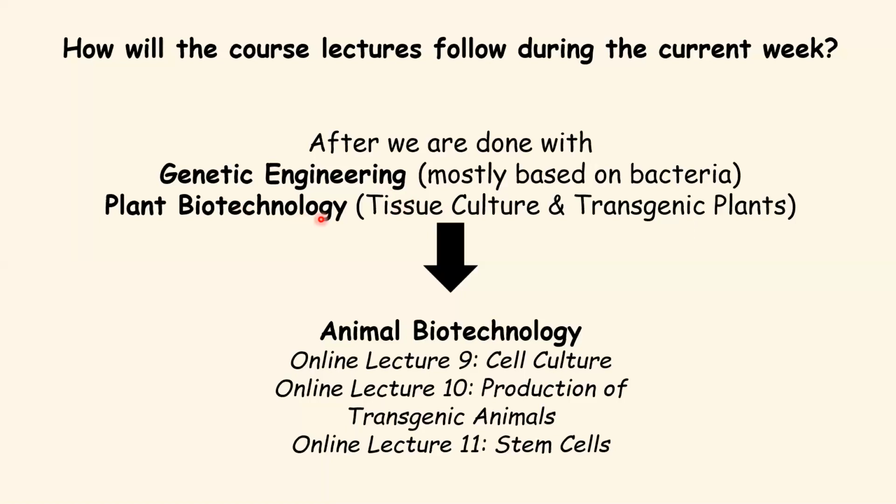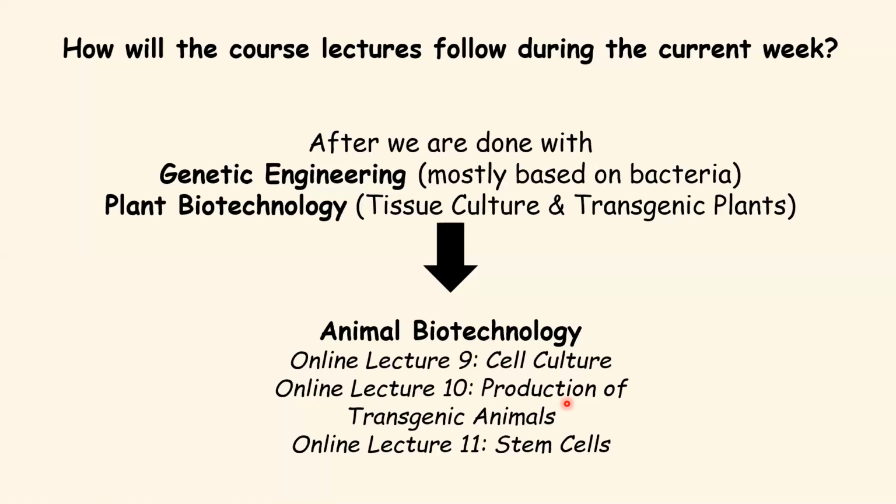Then the production of transgenic animals will be in the next lecture, not this one. And then online lecture number 11 would be about stem cells. One of the ways of production of transgenic animals is directly linked to stem cells.